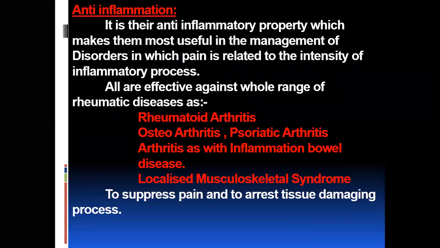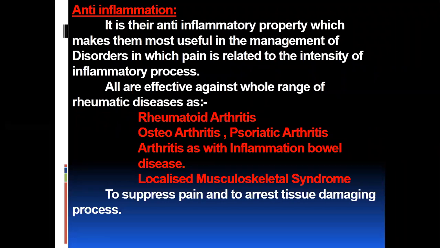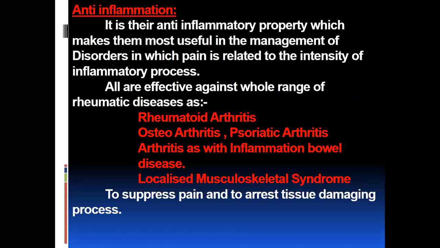It is their anti-inflammatory property which makes them most useful in the management of disorders in which pain is related to the intensity of the inflammatory process. Because inflammation causes pain, when inflammation recovers, then pain is also relieved.